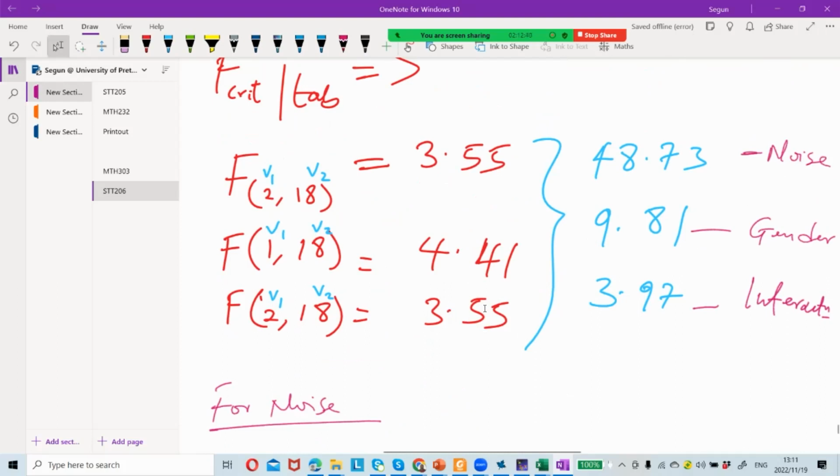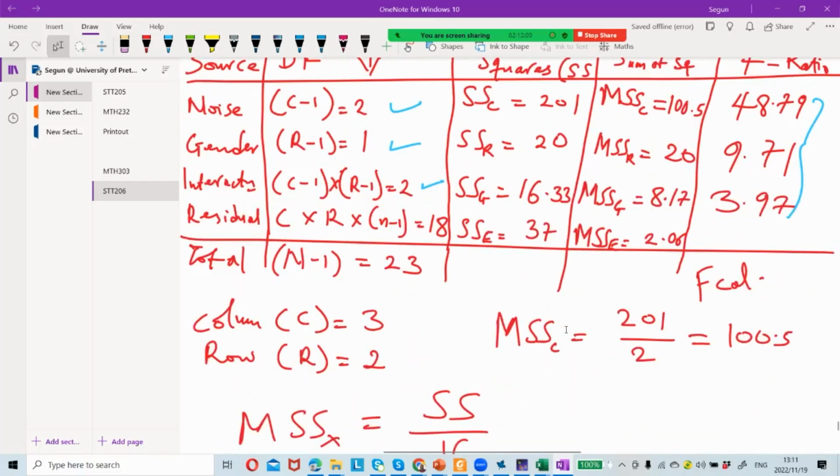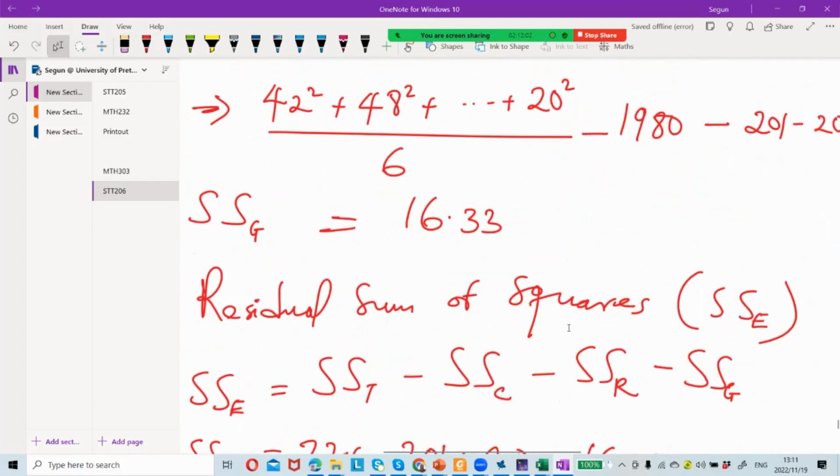All this is F tabulated, and this is F calculated. Tabulated means the one in the table. You see the way we check this one. Calculated means the one we did the calculation by ourselves. We did the analysis, all the ratios, by ourselves.